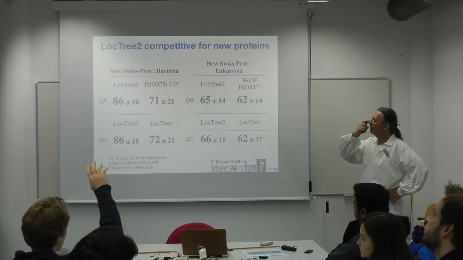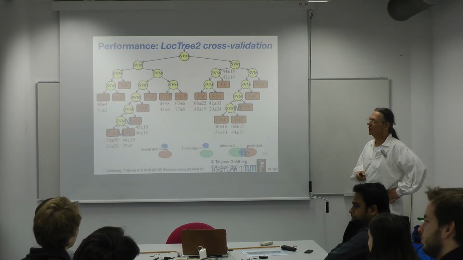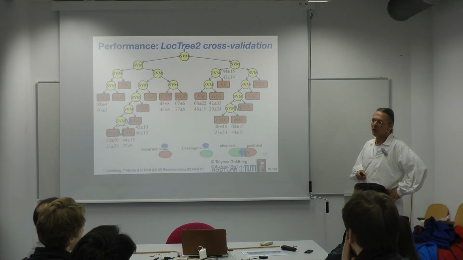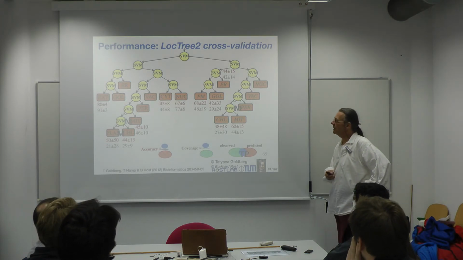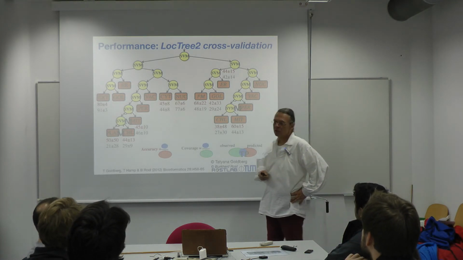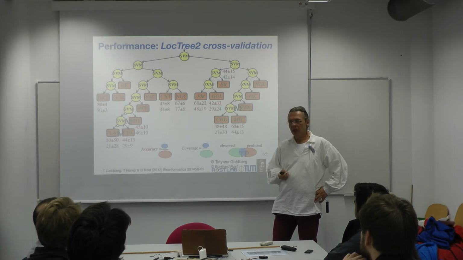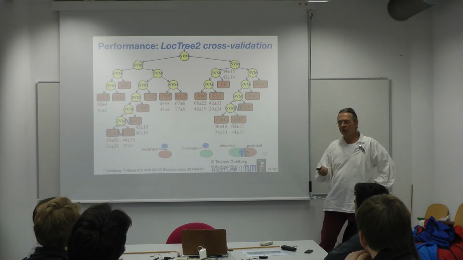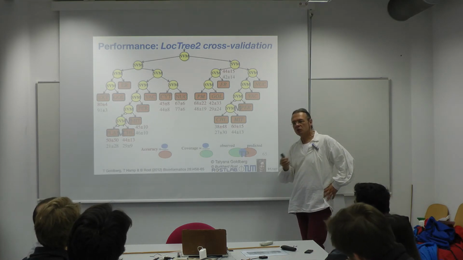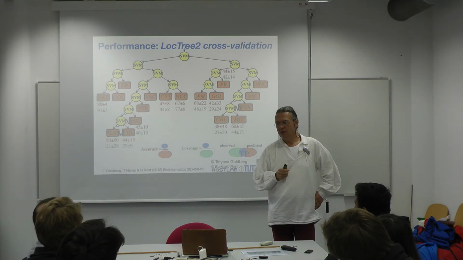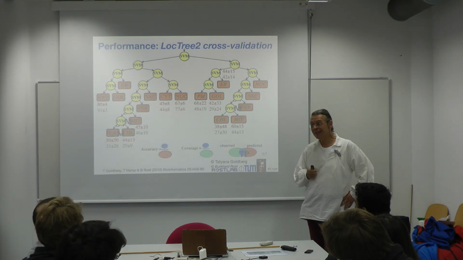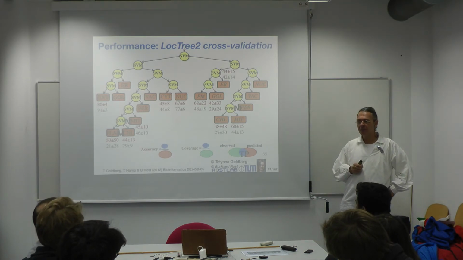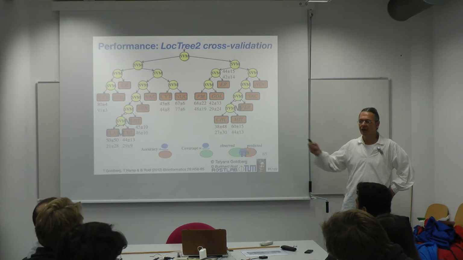Quick question. How did you determine the structure of the tree? So again, in this particular case, we tried to repeat what we did before, and we also tried all possible solutions, and both sort of corresponded to each other. There was a solution that was better than this, but since it did not make biological sense and was not much better, somebody in the group decided to keep this one.